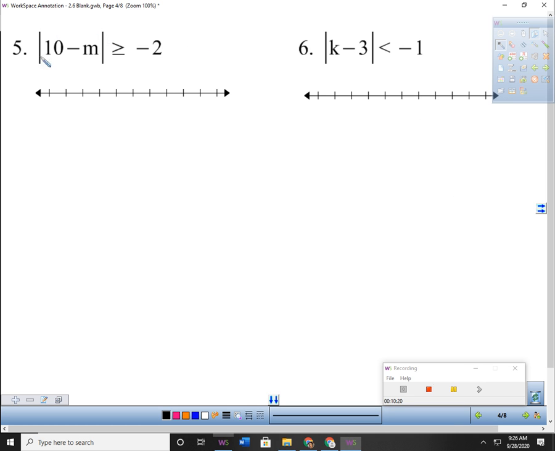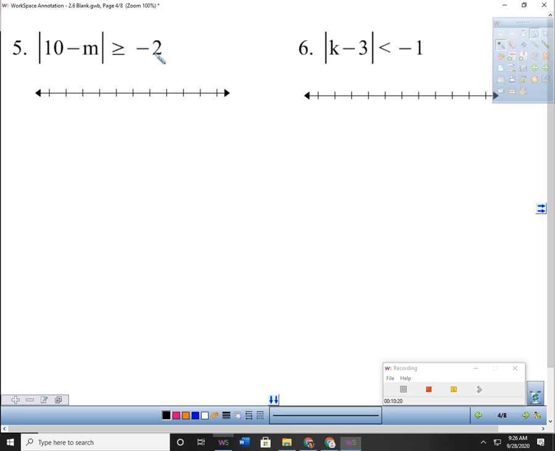All right, so look at number 5. I've got the absolute value of 10 minus m is greater than or equal to -2. All right, so let's give that a little bit of thought. Can an absolute value be greater than or equal to -2?